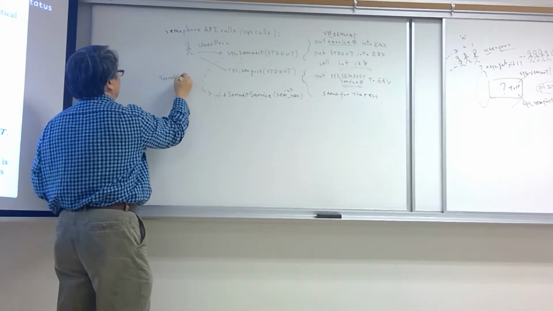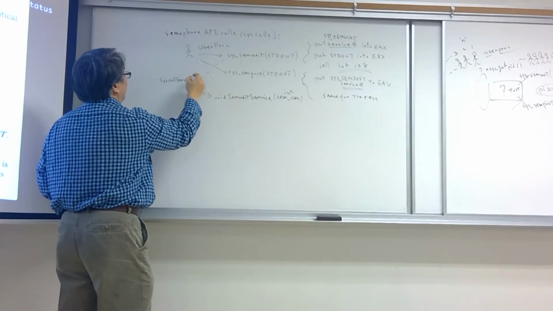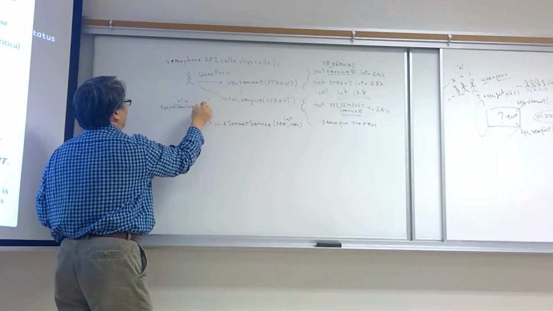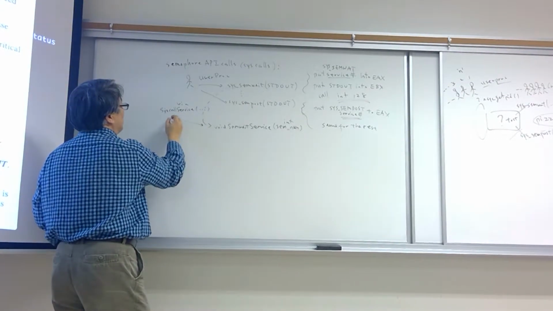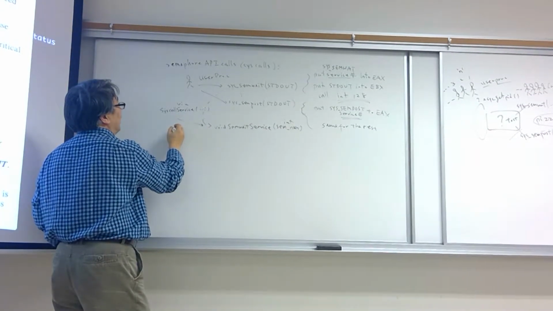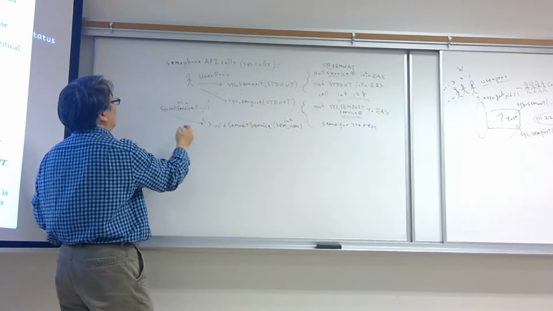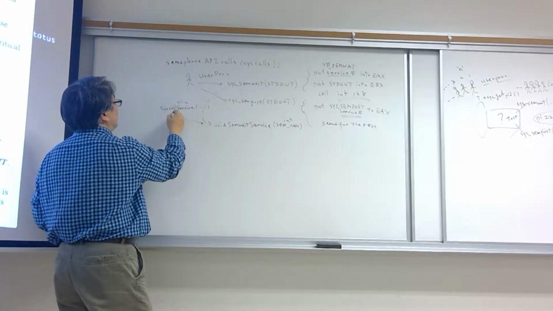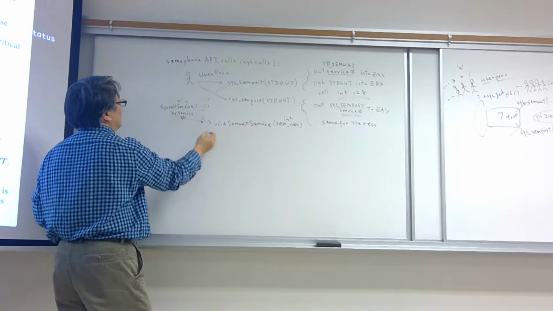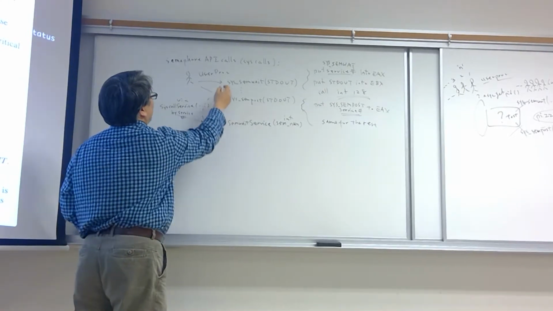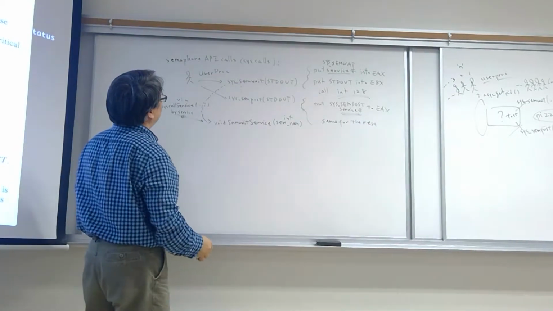So via the syscall service, because it checks the service code, the service number is sys semaphore wait. Then by service number, it calls this. So indirectly, it comes in like that.